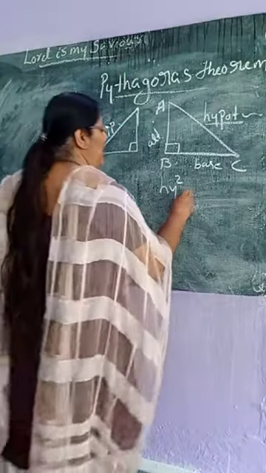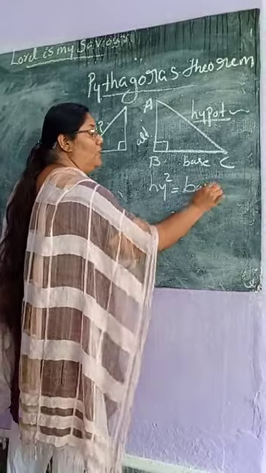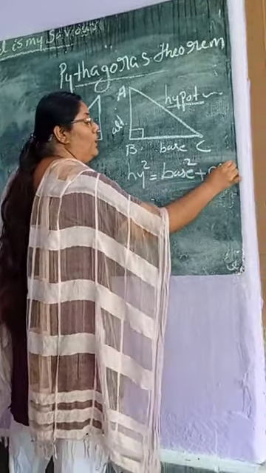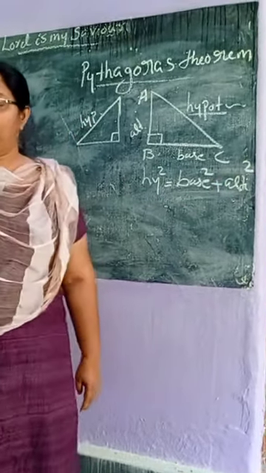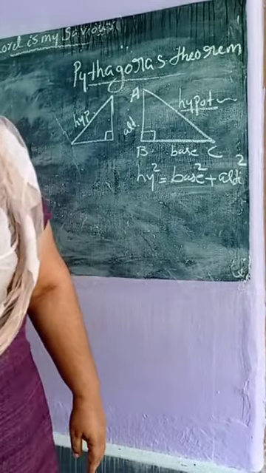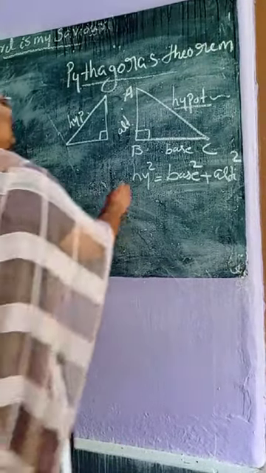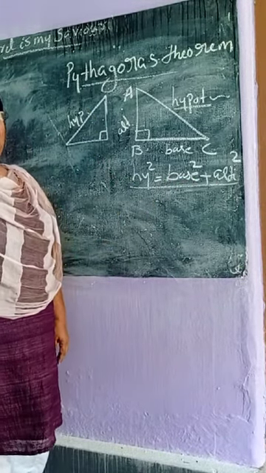That is, hypotenuse square is equal to base square plus altitude square. This law is known as Pythagoras theorem.